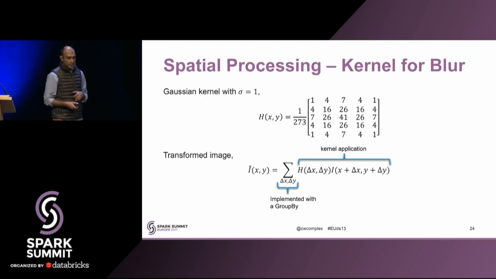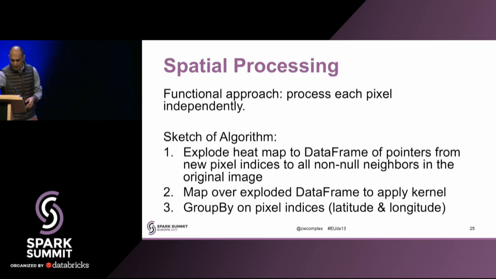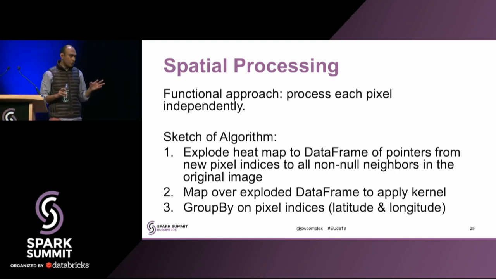But we can implement this with the group by. I'll say more about the algorithm and how it's adapted with data frames. So we first have to identify all of the new pixels in the sparse smoothed image. And we do that with what I'll call an explode operation. There is an explode function in the API, but what I did was literally map a row in the heat map to a list of other types.